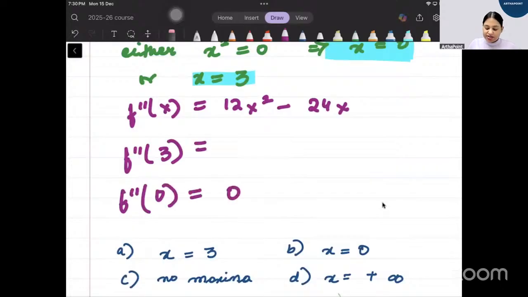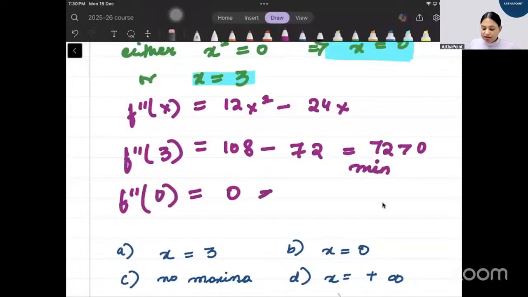At 0 I get 0, and at 3, 3 into 3, 9 into 12, 108 minus 24 into 3, which is positive. So this is minima and the other is inconclusive. So all of you are right.